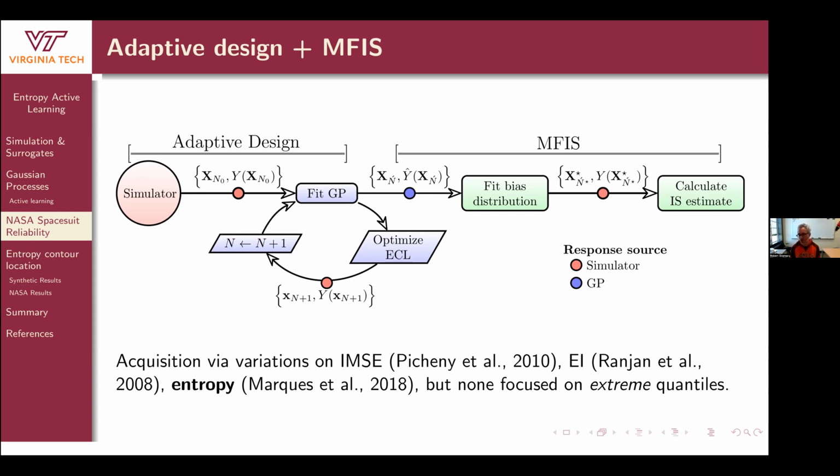And the level sets that we're looking for are extreme because the NASA engineers have done a good job of building their spacesuit so that it's robust, meaning the parts of the input space that lead to failure are very small. And so we found that they didn't work as well as they could work for focusing on extreme quantiles. So we changed things up a little bit. Another thing is that they were very slow. They were very computationally intensive to evaluate in order to make choices, but that was a secondary concern for us.